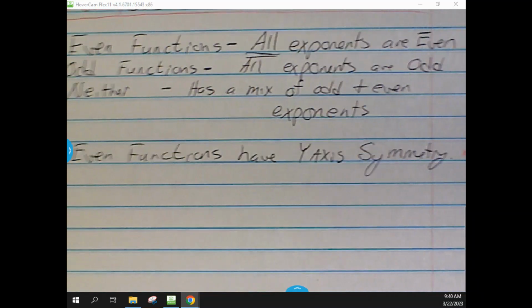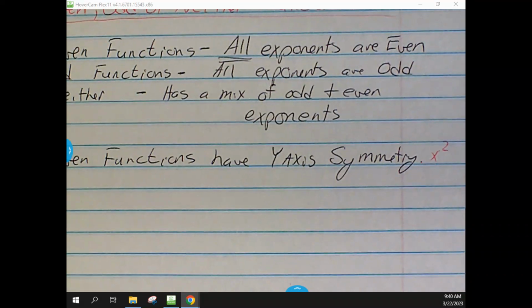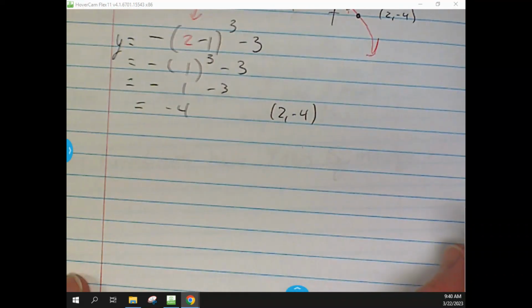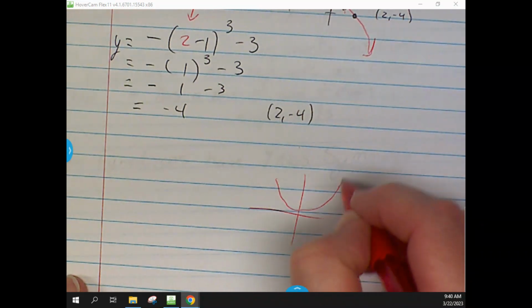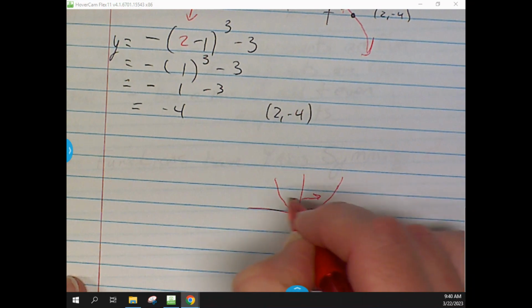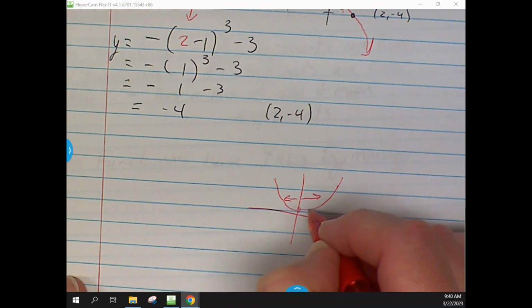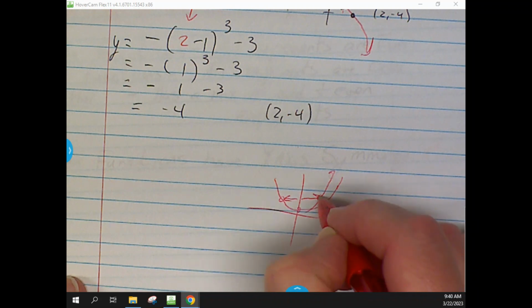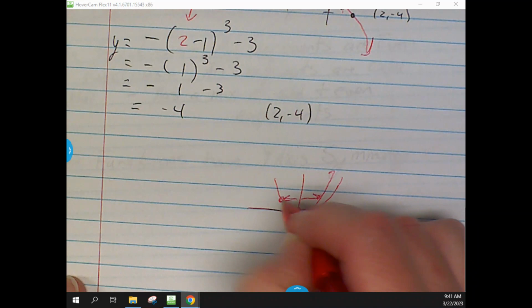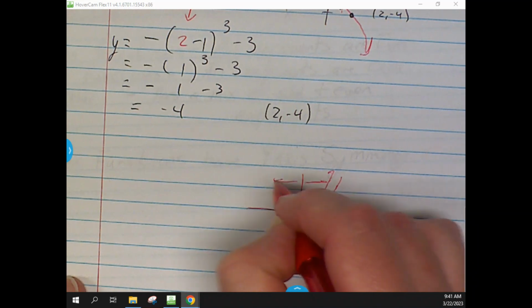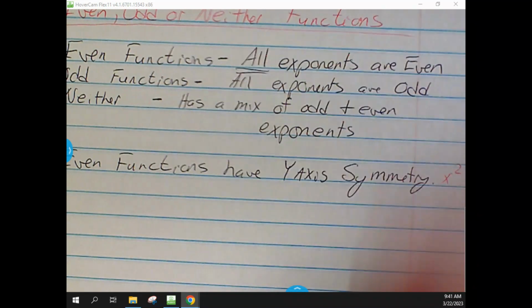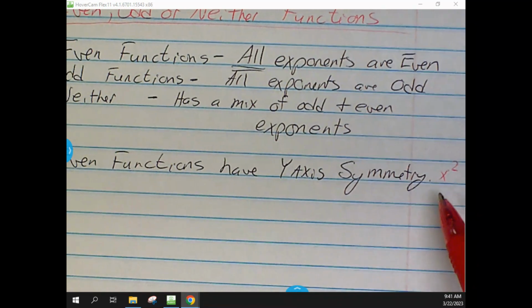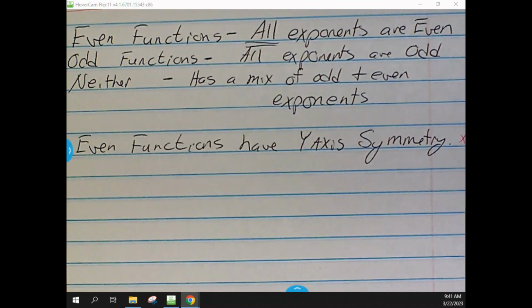If you think about x squared, when we're doing the graphs on that one, anytime you do the graph of x squared, if we went back to just the basic graph of it here, everything is spread out equally from the y-axis. So if we went 1 point here to the right, we knew that if we went over 1 and up 2 for this thing, we'd go over 1 and up 2 for this thing. It's always equally spread out along the y-axis. If you spin this thing around the y-axis, it looks exactly the same. And that's going to be the true thing for x squared or x to the fourth or any of those. That's always going to have that y-axis symmetry.